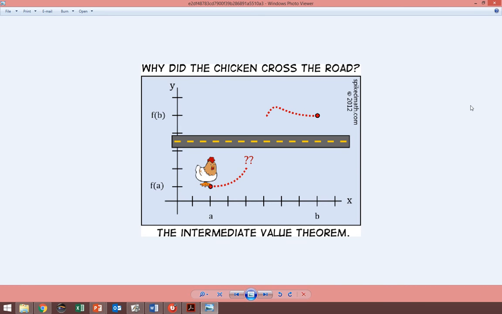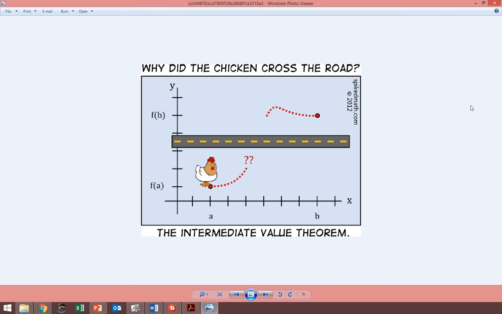This is the graph of the slope of this one right here. Somewhere it has to cross, doesn't it? It has to eventually have a slope that's equal to the average. So if you notice, I have this much above and this much below. So the road is my average.